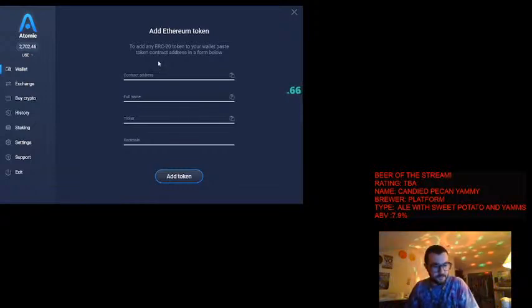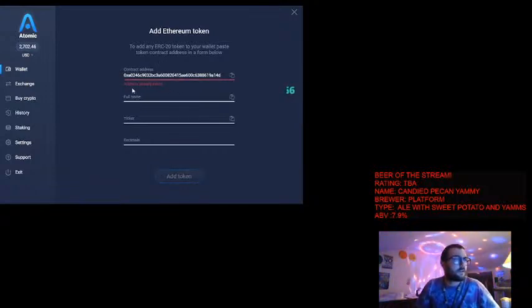You just click paste. And mine says it already exists because I already did this once. But when you paste the contract address into the top place up here, it'll actually pop up, farm harvest coin, the ticker.